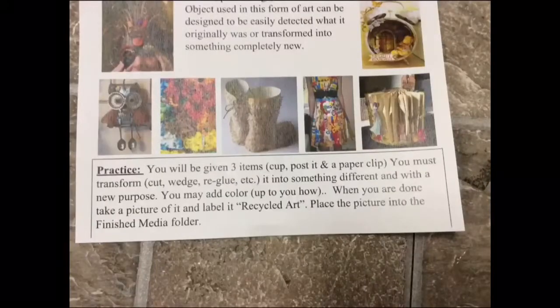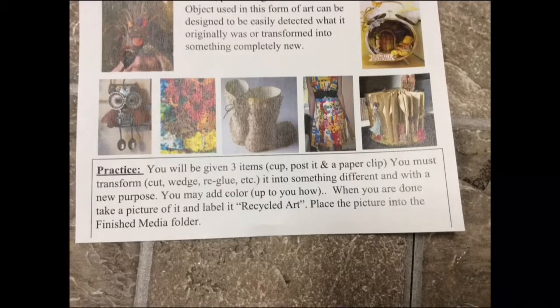Now, for you to practice with this type of art form, I have selected a few items and you're going to be creatively putting them together, okay? So you're going to get 3 items, which after this I'm going to show you a short video on what it looks like you're looking for, okay? It's going to be a cup, a Post-it, and a paper clip. You must transform, cut, wedge, reglue, however you would like, into something different with a new purpose.